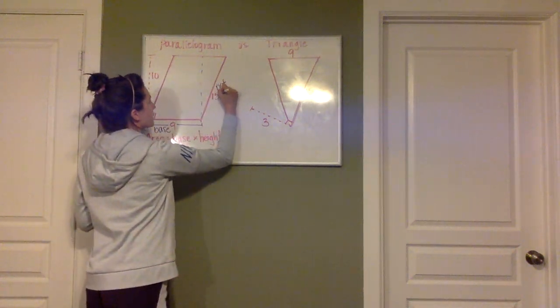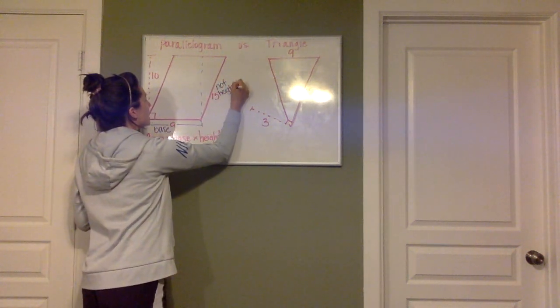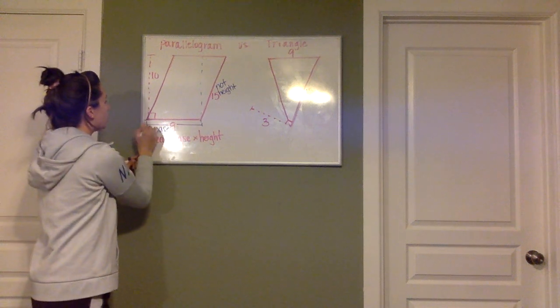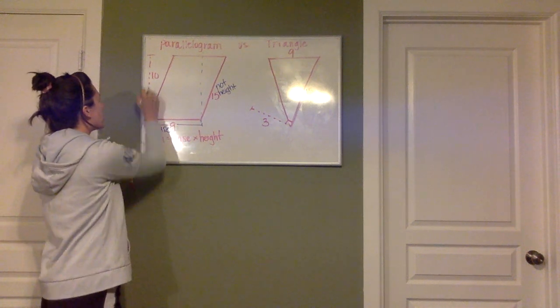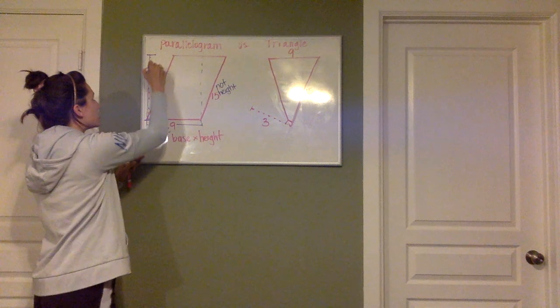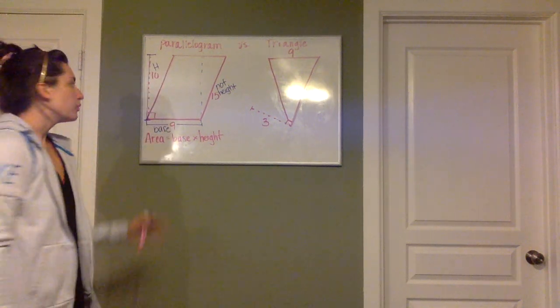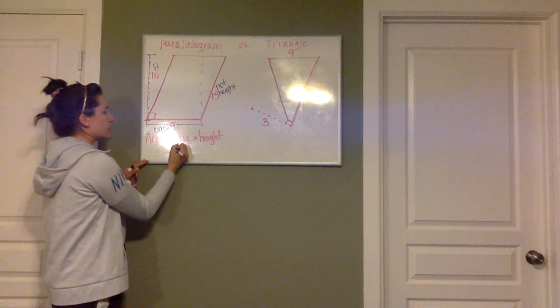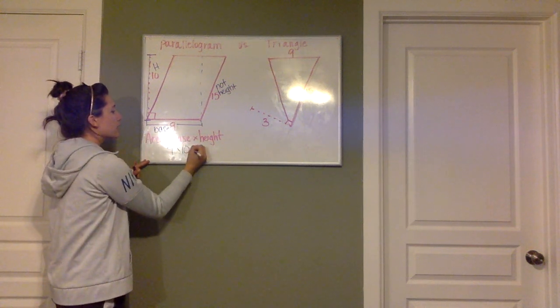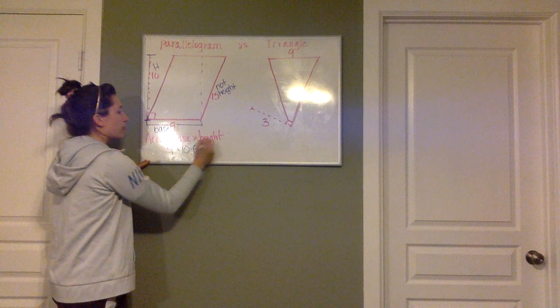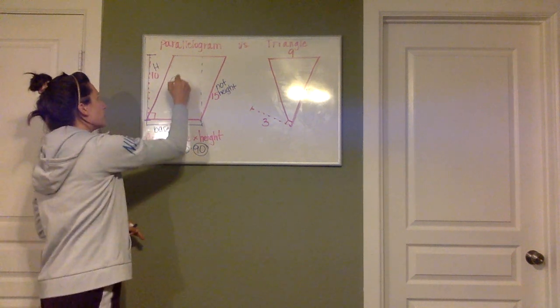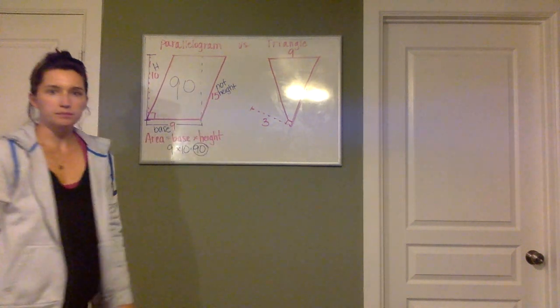That's not the height. Because the height is measuring from the base up to the very top of my figure. So this value of 10 is my height. So following my formula, I know my base is 9 and my height is 10. So the area of my parallelogram must be 90.